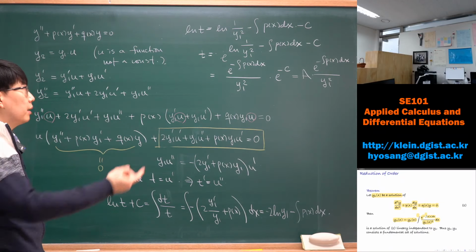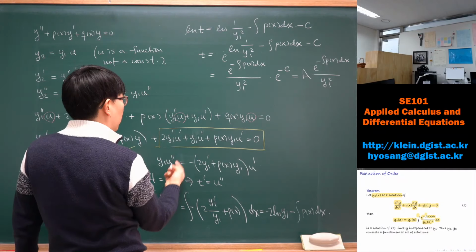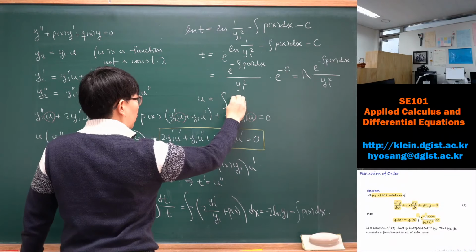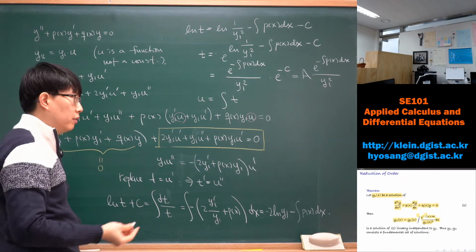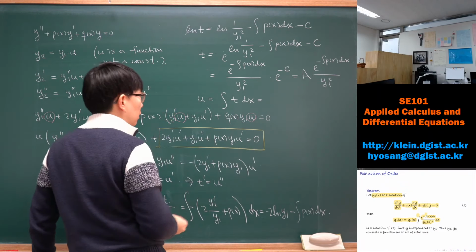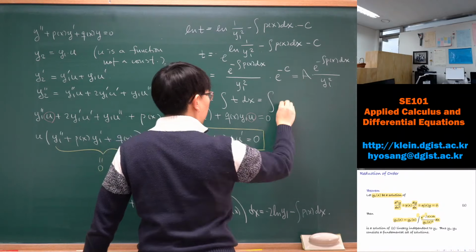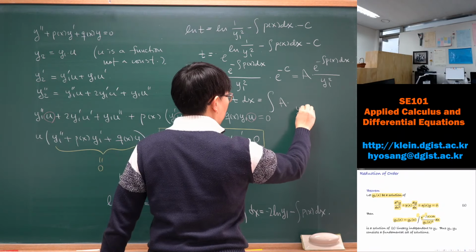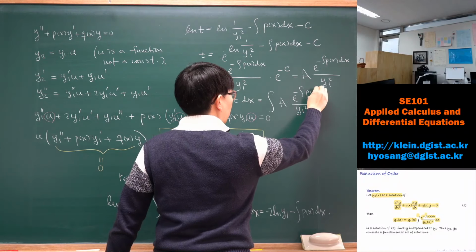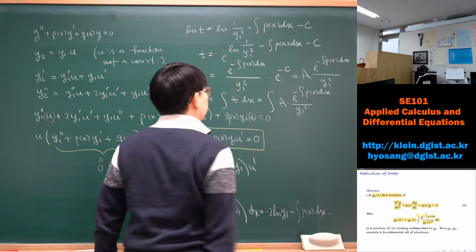And that's not it, because t is u prime. What we want is u. So u is the antiderivative of t. So we have to integrate this thing: a times the integral of 1 over y1 squared e to the minus integral of p(x) dx.